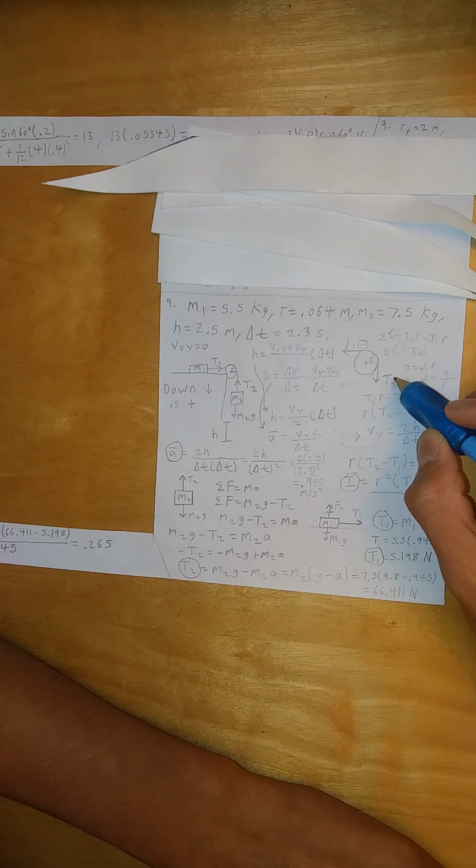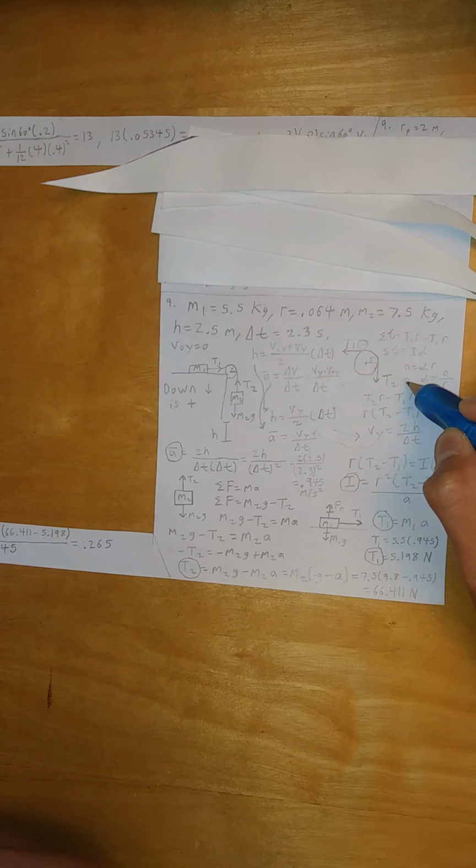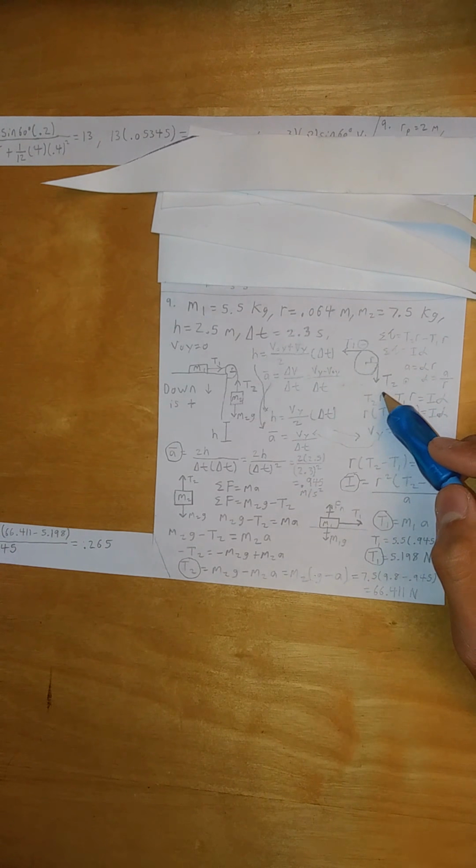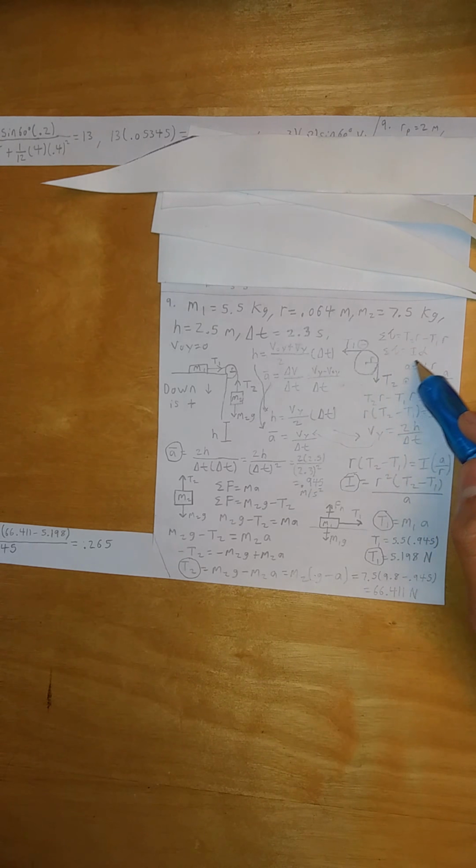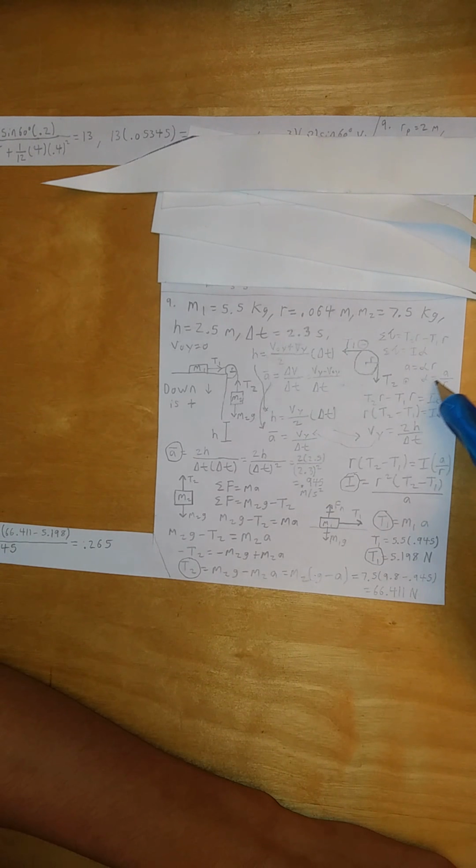We're going to make this positive torque, plus sign, negative sign, tension times lever arm, equals I alpha. a also equals alpha R, so alpha equals a over R in this case.